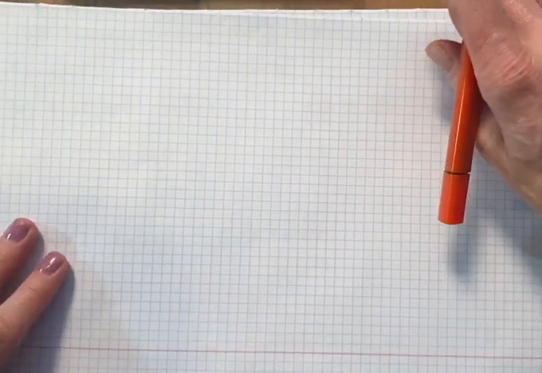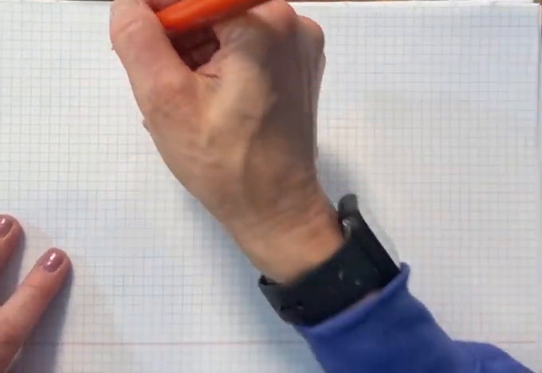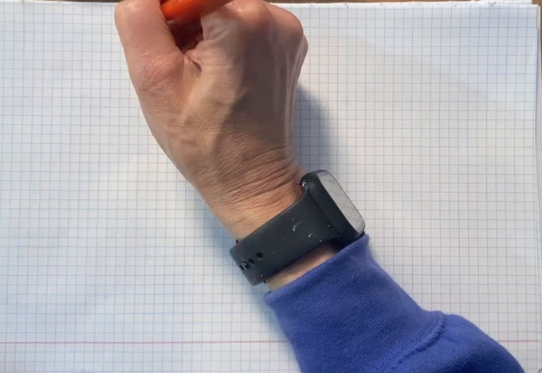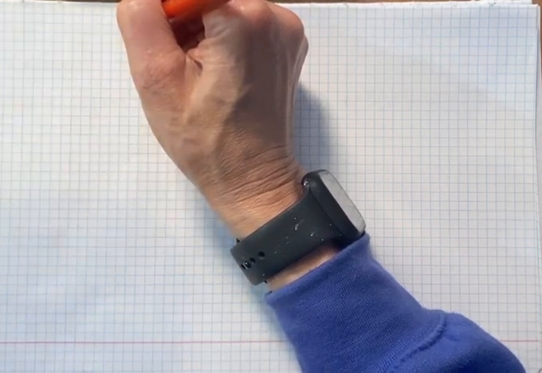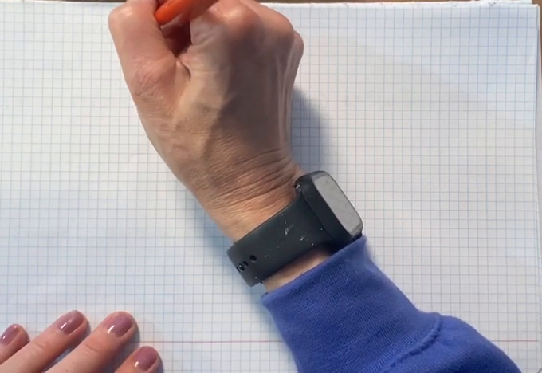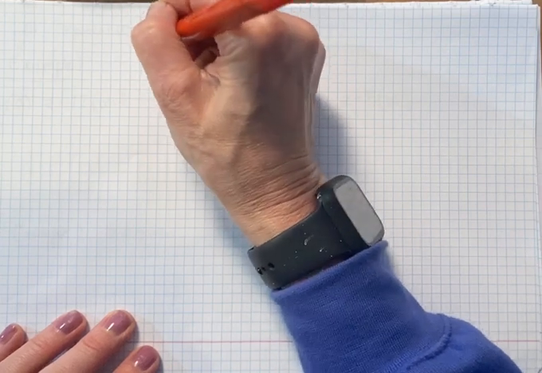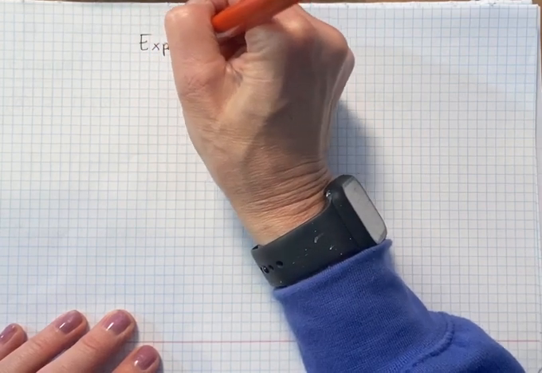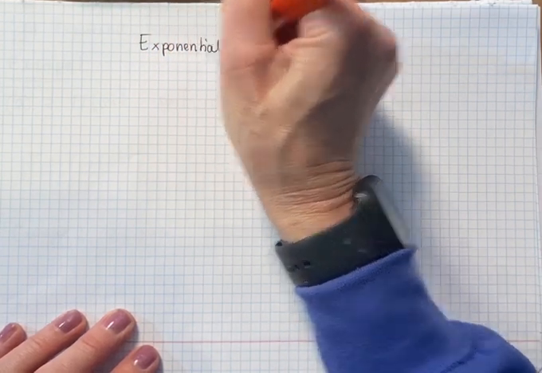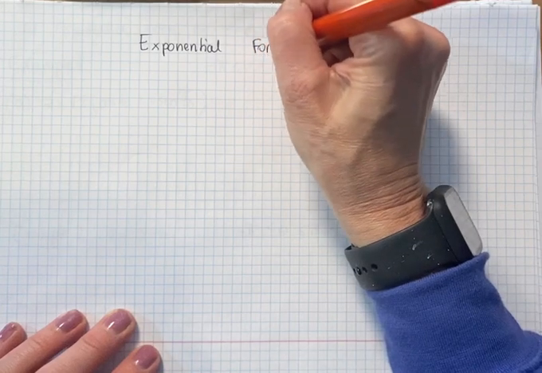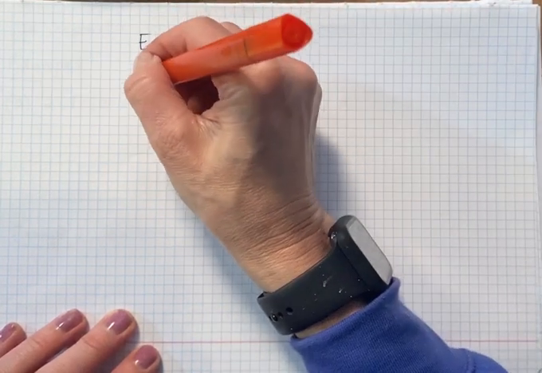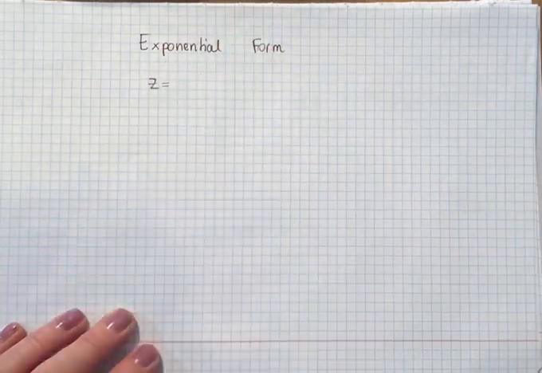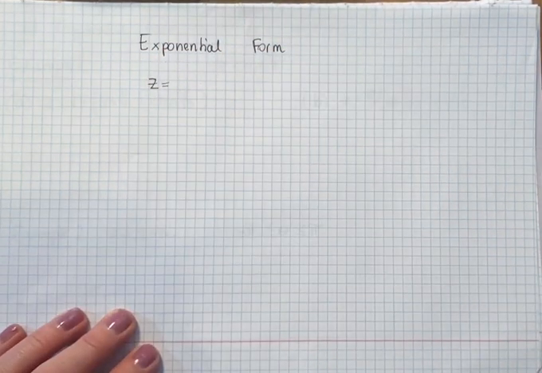Okay, so the last form is called the exponential form. This form is just a shorthand of writing your trigonometric form or modulus argument form.